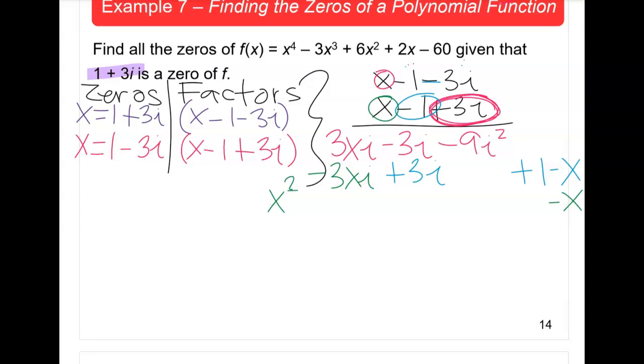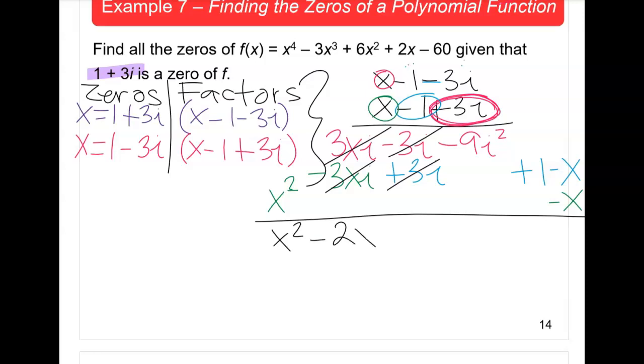Okay, now I'm going to add vertically, and I purposely placed them below each other as like terms. So we only have 1x squared. These two will cancel out because they're opposites. Same thing here. And then what else do we have? Oh yeah, negative x minus x, negative 2x. Then we have a plus 1 there in blue. And then from here, we're going to get negative 9 times negative 1.